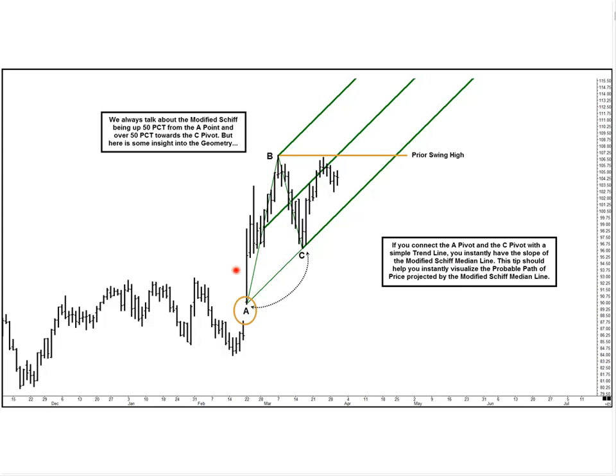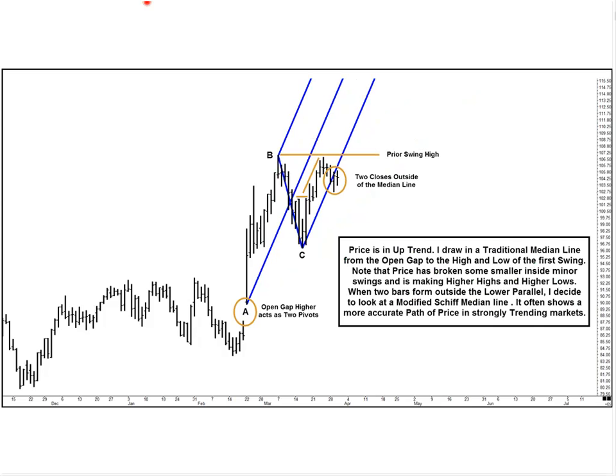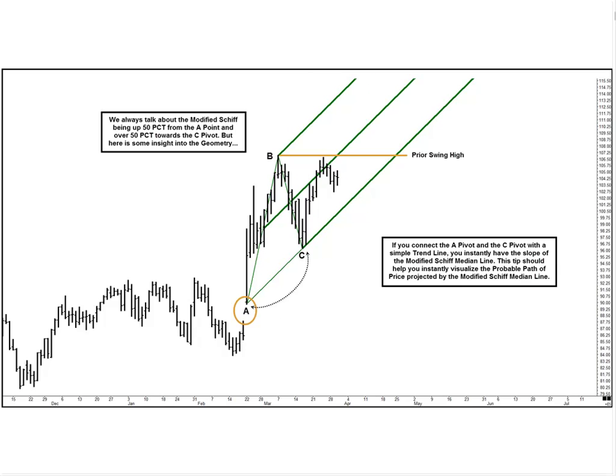Here's a modified shift. Let me go back and show you. Here's the traditional, and the same pivots. Here's the modified shift. And the difference is literally, we're just going to go toward the BC swing. We're going to go up 50% and over 50% toward C. Up 50%, over 50%.